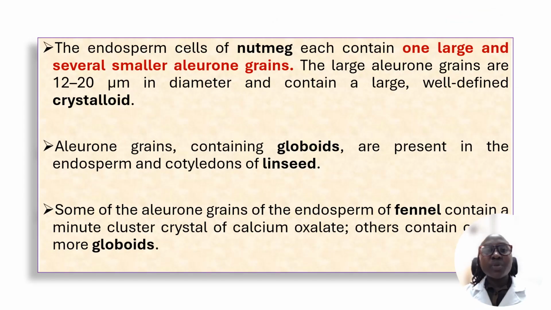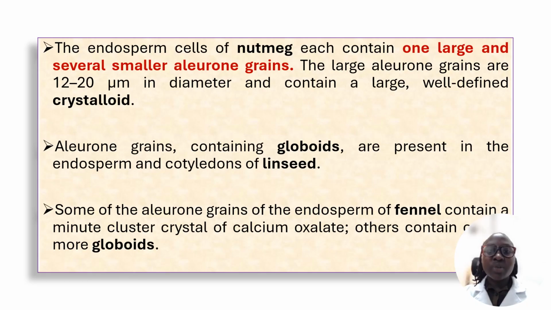The endosperm cells of nutmeg, anyone who knows nutmeg, each contain one large and several smaller aleurone grains. I will share a certain article which has a lot of microscopic tissues for various medicinal plants, including this nutmeg.